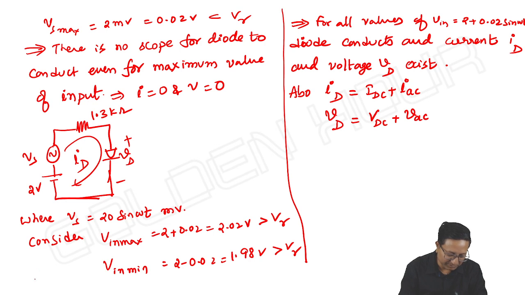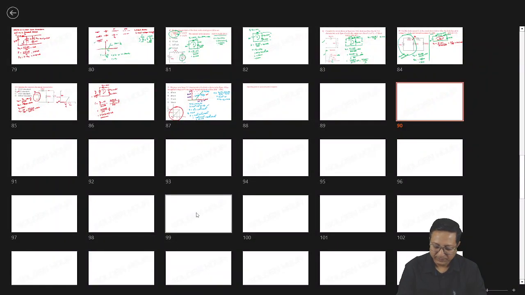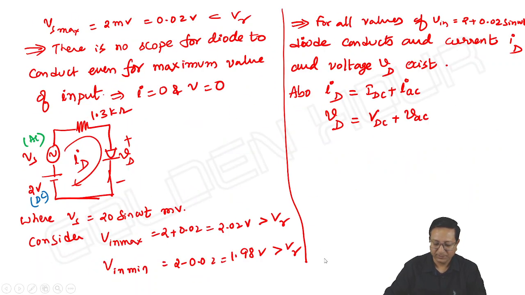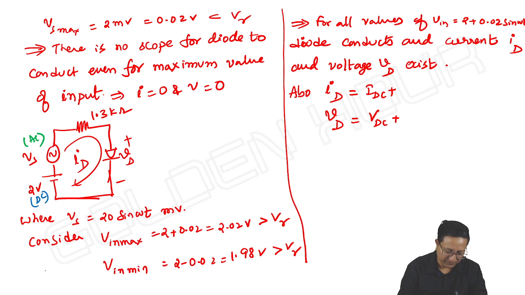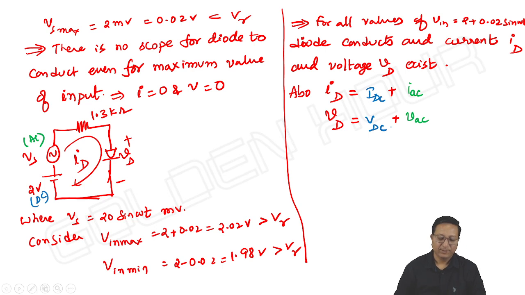For better understanding: this is DC, this is AC, so IAC and VAC. We can write it.